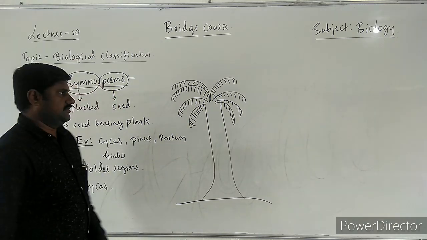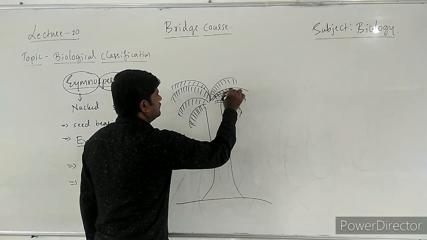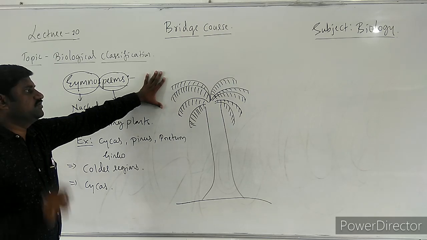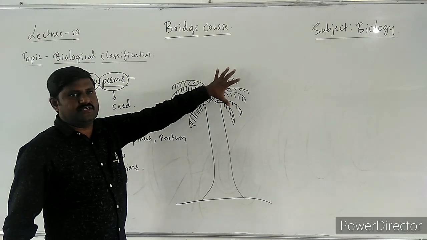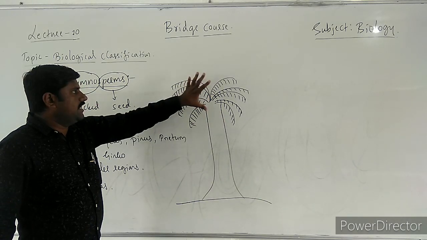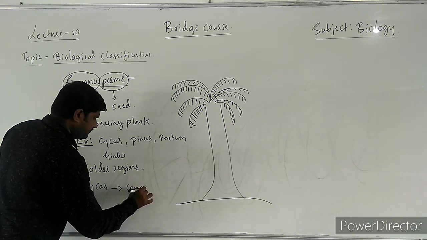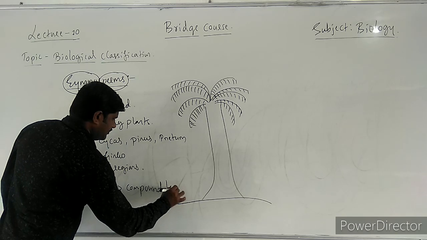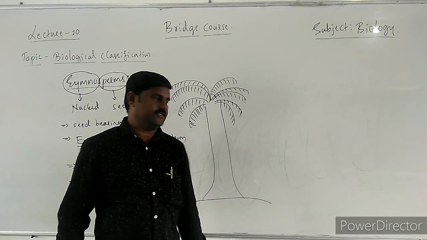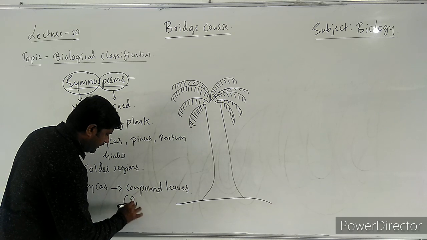These are the group of plants which usually produce a rosette of leaves at the top of the stem, right? And these leaves are usually compound leaves. What are simple leaves? What are compound leaves? You study thoroughly in PUC, right? So these are compound leaves, especially pinnate leaves.